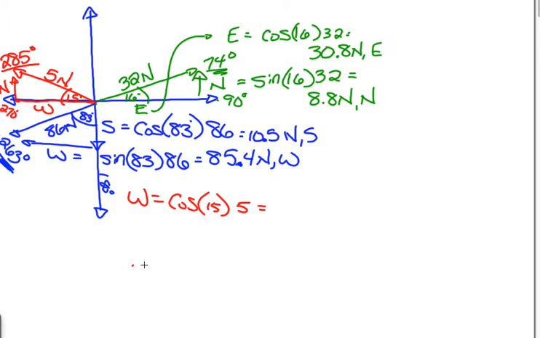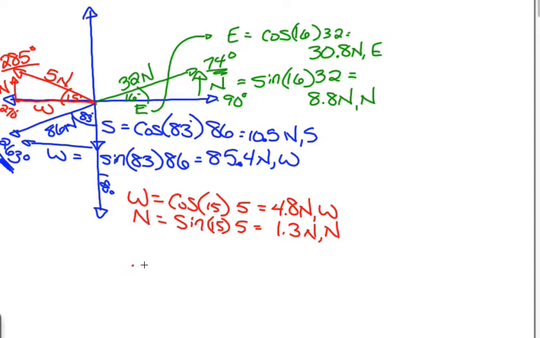So the north side is going to be sine of 15 times 5. And so again, when we look at this, we said it was going more west than north, and again, our answer is bigger in the west than it is in the north.